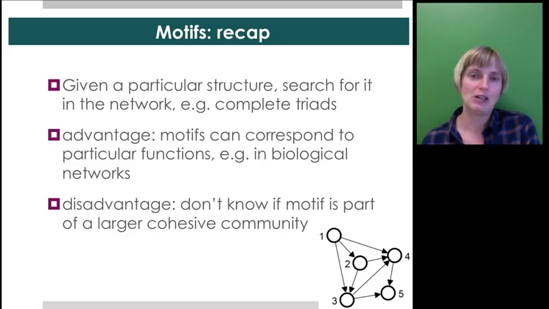One disadvantage of using motifs is that, just like with k-cliques and k-cores, you can look for these motifs, but you may not be able to tell whether they're actually part of some sort of larger, interesting structure. Because you're looking with a microscope, you may actually miss the big picture.